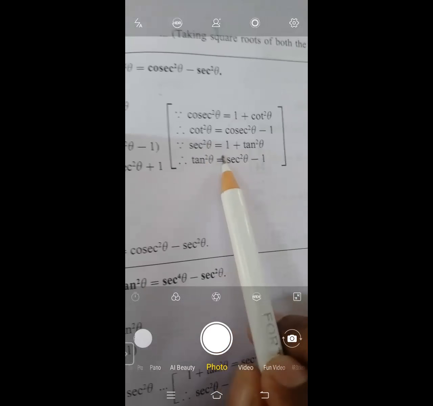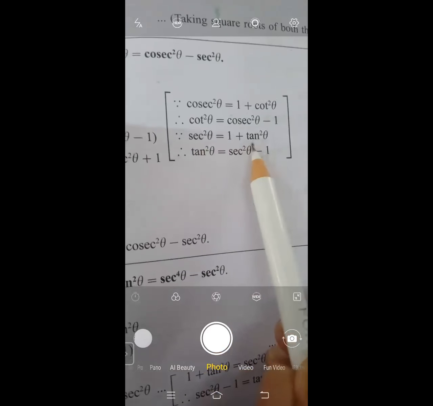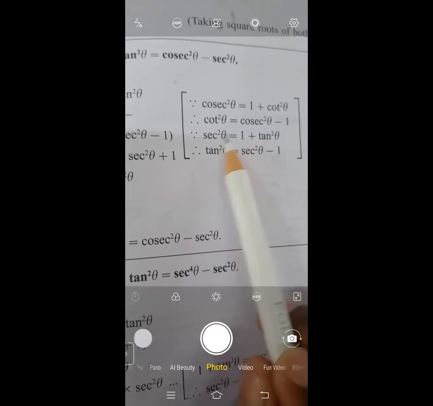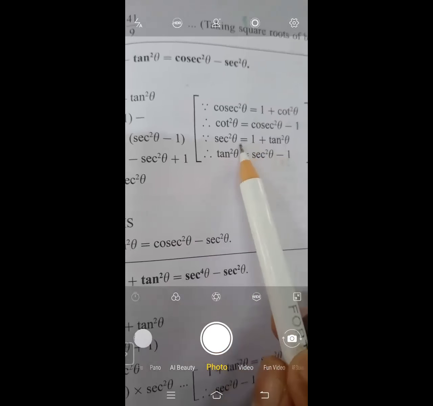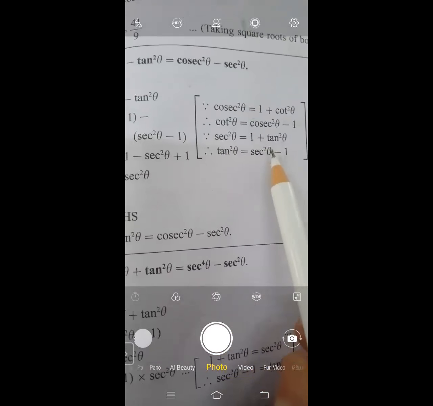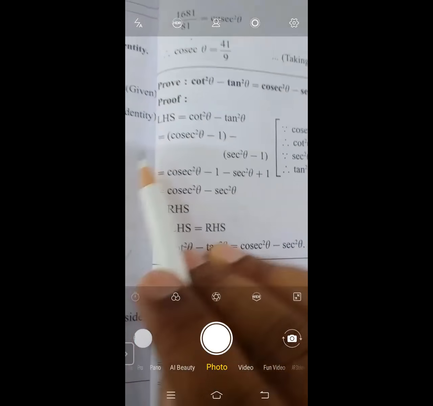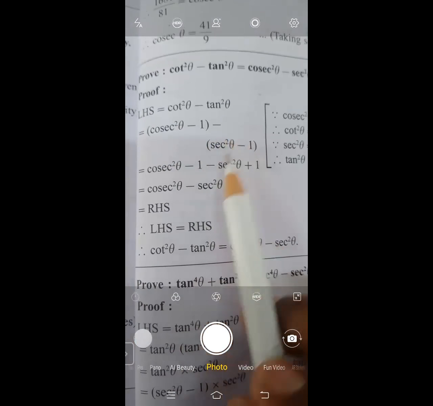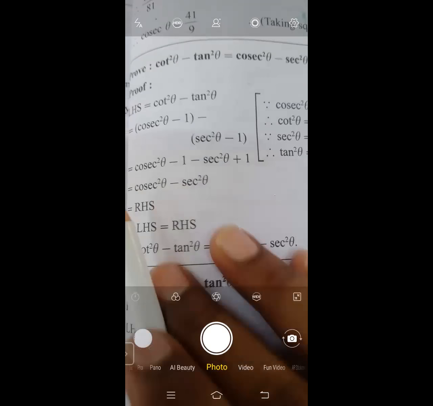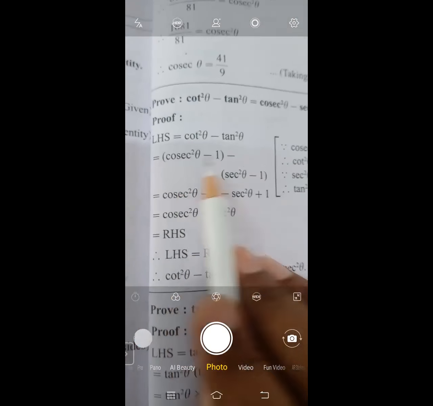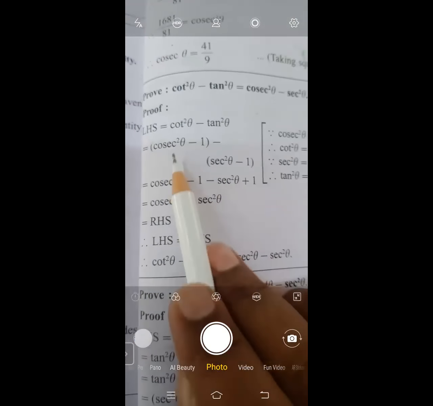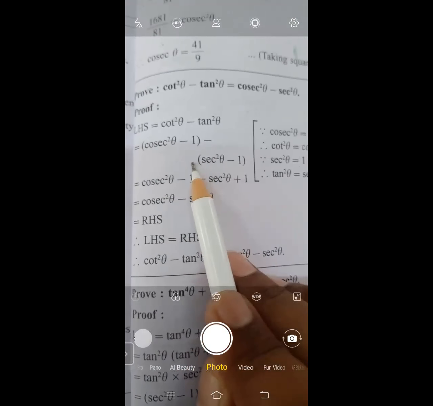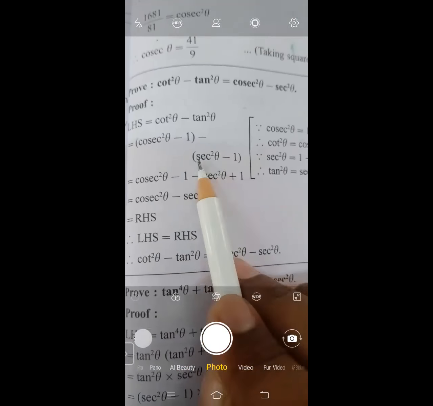Similarly, sec square theta equals 1 plus tan square theta. In terms of tan square, we have written sec square theta as it is. This plus 1, when it travels to the other side, becomes sec square theta minus 1. Cot square theta is equal to cosec square theta minus 1. Tan square theta is equal to sec square theta minus 1. So just removing these brackets, cosec square theta minus 1, this minus sign will be multiplied with each term inside the bracket.